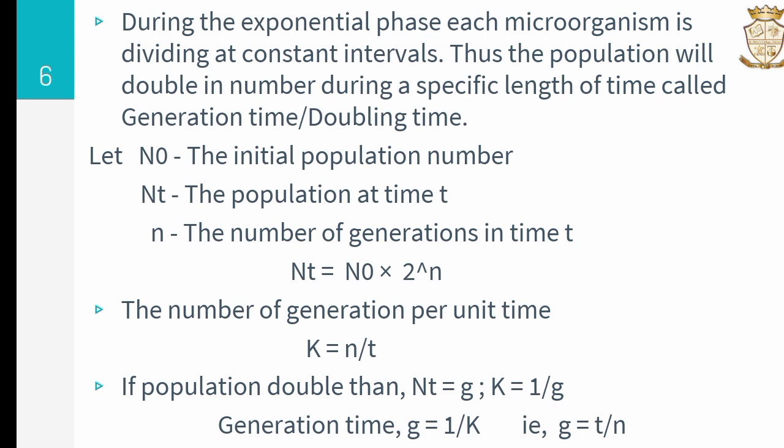That is, Nt, the population at time t, is equal to N0 into 2 raised to n. The number of generations per unit time, that is k, is equal to n by t. If the population is doubled, then t is equal to generation time g. By applying this in the above equation, k is equal to 1 by g. So the generation time g is equal to 1 by k, that is t by n.